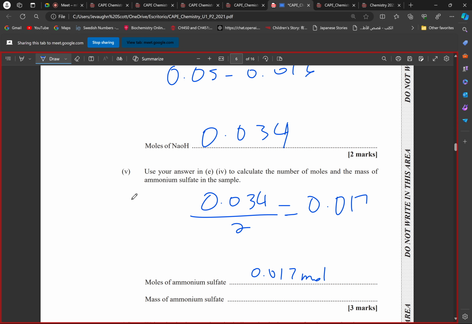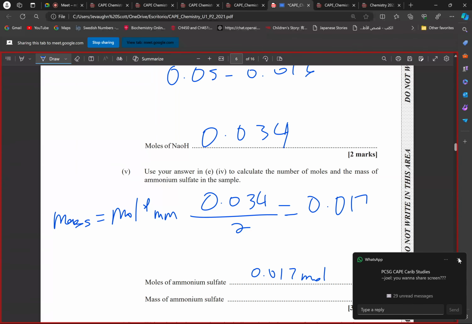How do we find the mass from the number of moles? This is equal to moles times molar mass, right?